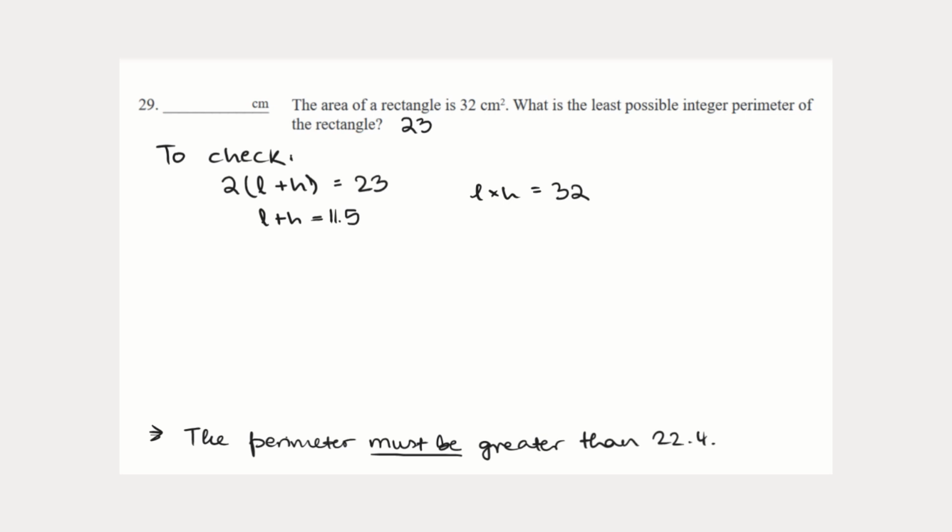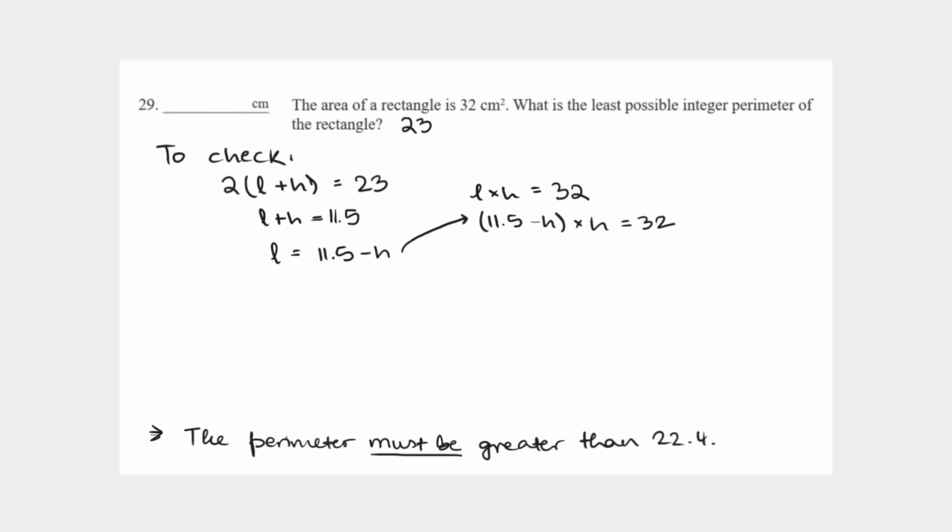So if you know the product and you know the sum, what you do is you substitute one in for the other. So to make this easier, I'm going to make L equal to 11.5 minus H, and then we substitute that in here. So you get (11.5 minus H) times H equals 32.